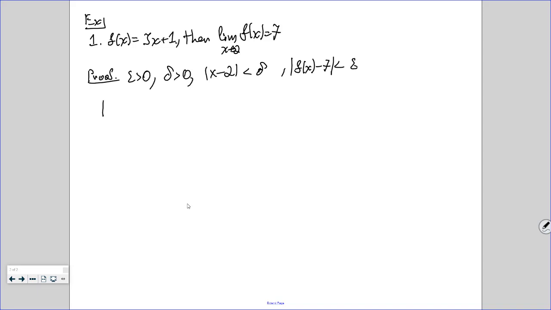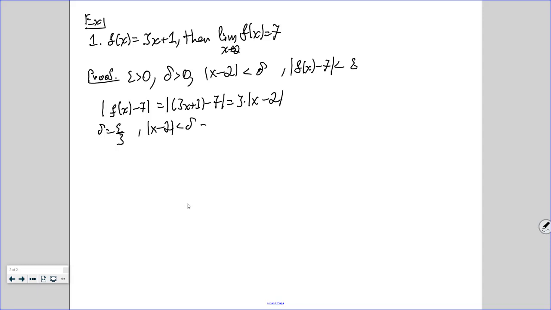Let's directly apply this. So we have f(x) minus 7 is equal to 3x plus 1 minus 7, which is equal to 3 times (x minus 2). Now if we choose delta equal to epsilon over 3, then for |x minus 2| less than delta, |f(x) minus 7| is less than 3 times epsilon over 3, which is equal to epsilon.